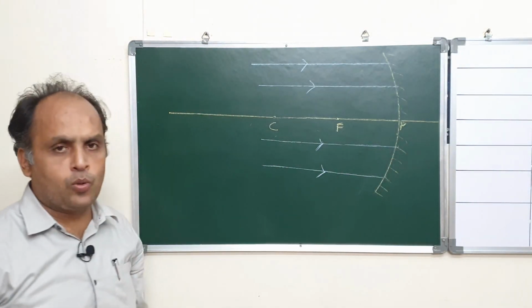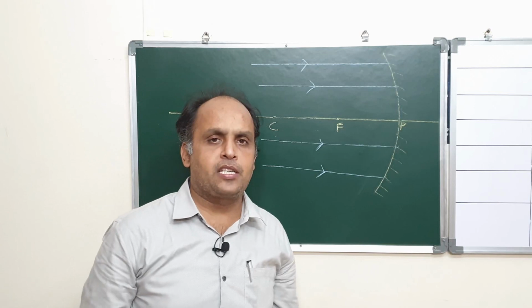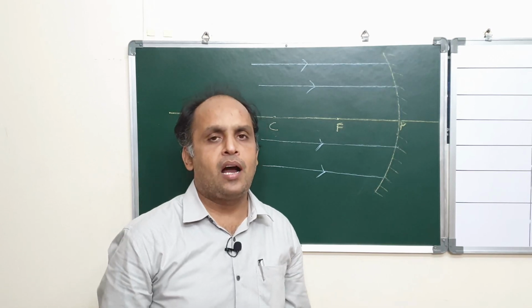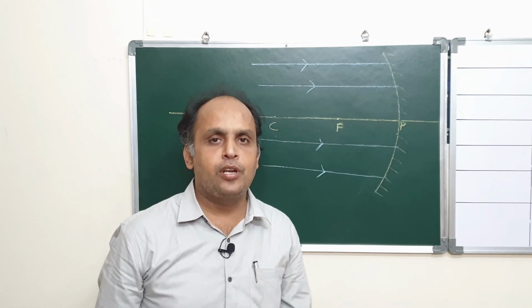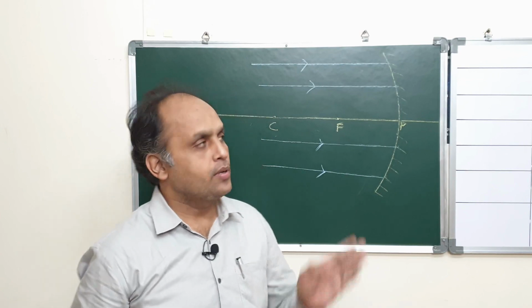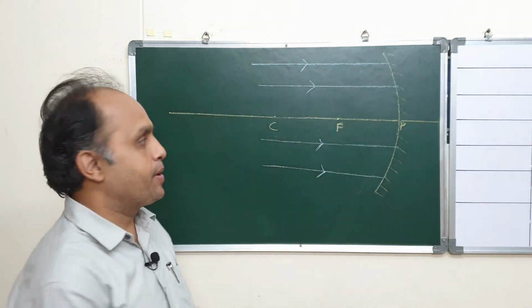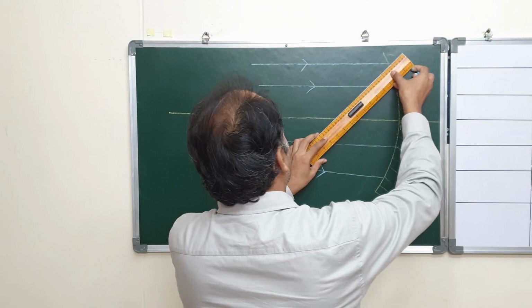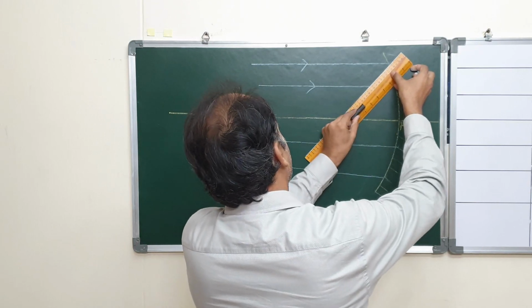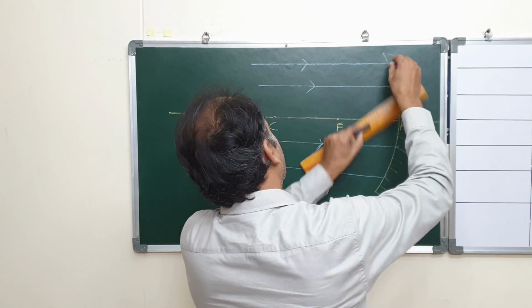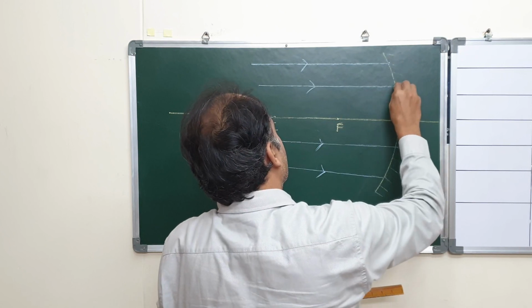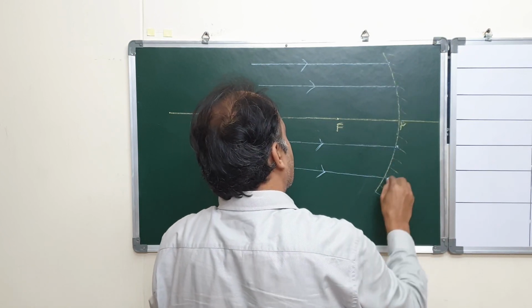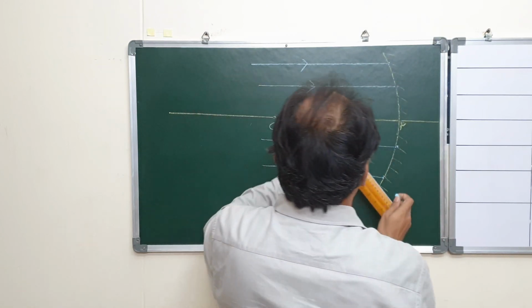Now, according to the rule, any ray of light which first passes parallel to the principal axis after reflection actually passes through the principal focus, because this is a concave mirror. So we will pass all these rays through the focus. This is the point of incidence, this is another, and this is another.